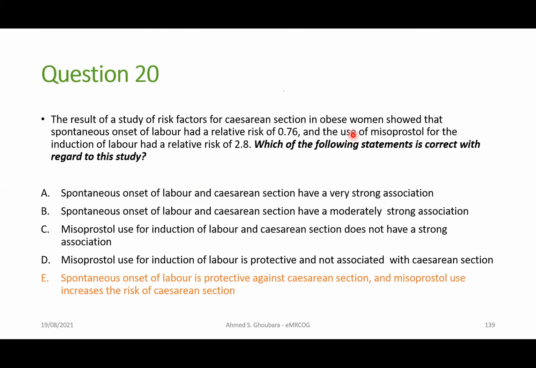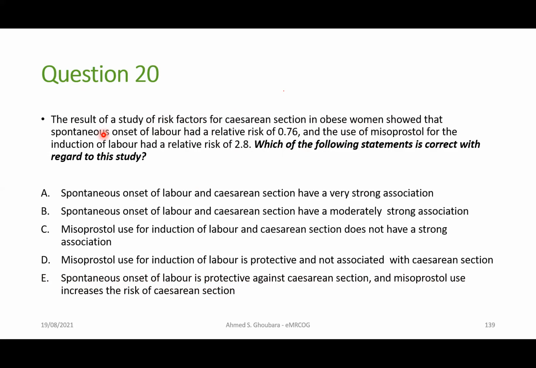Last question today. Results of a study of risk factors of cesarean section in obese ladies. This question, by the way, will evaluate your understanding of the concept of risk ratio.